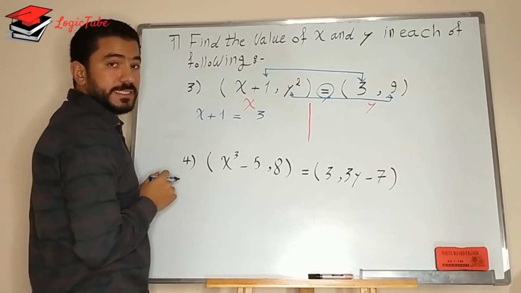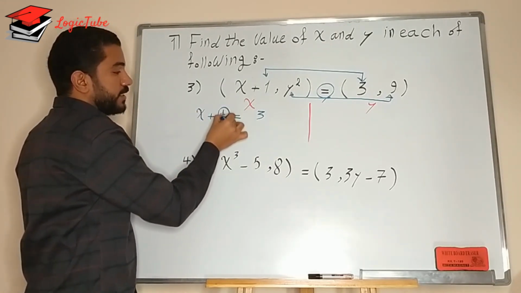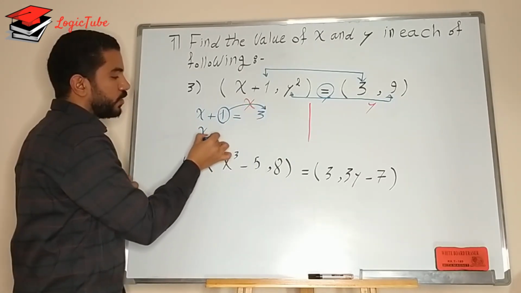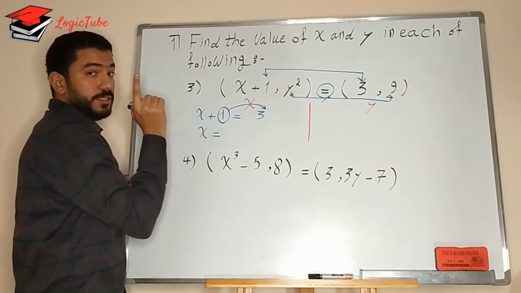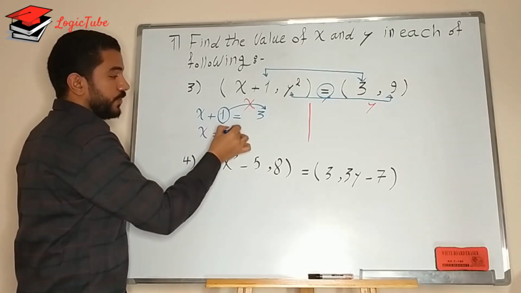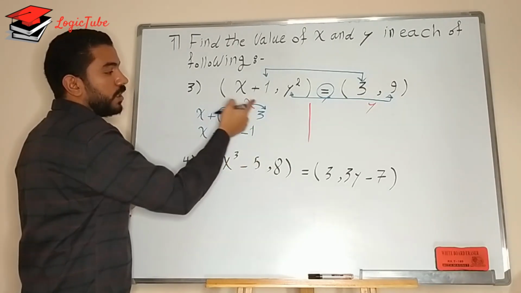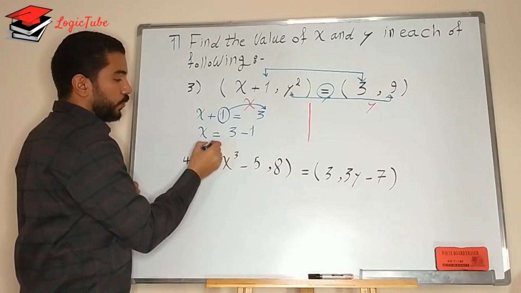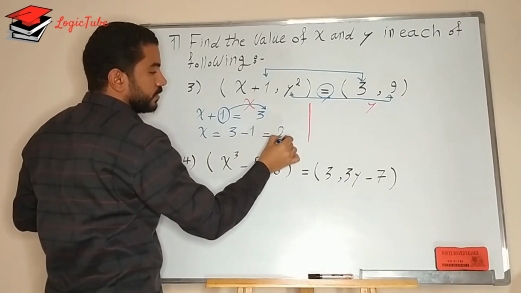We'll solve this as an equation of the first degree. We'll take this number to the other side with the opposite sign. Therefore x equals 3, positive or negative? Yeah, that's right. 3 minus 1. So x equals 3 minus 1, 2.